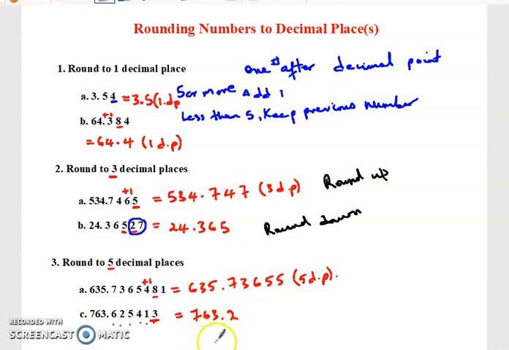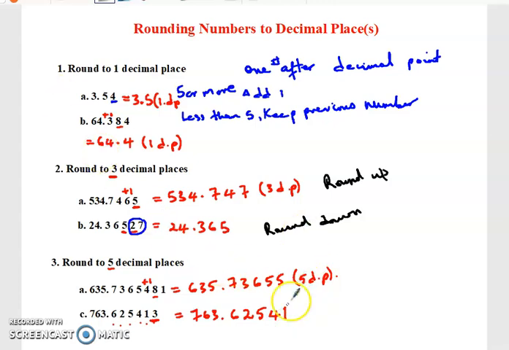So this is equal to 763.2. Sorry, that's not 2. That should be a 6. Let me erase that 2. Alright. So 763.62541.